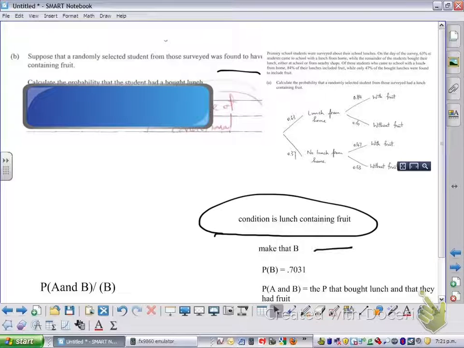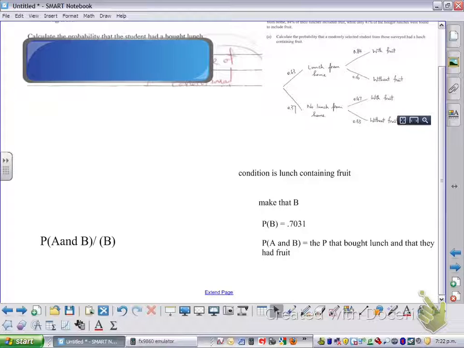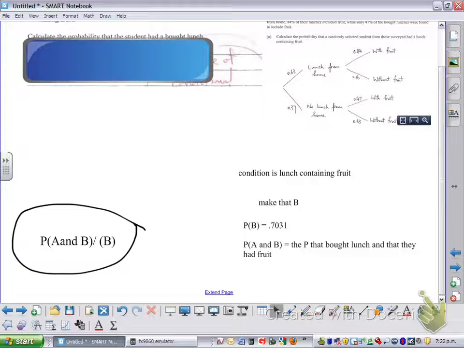So we'll make that B. Okay, and the probability of B we've already calculated in the previous question, which was 0.7031. We've already done that. And so the conditional part of the probability is that, if we move this thing over a bit, with conditional probability, the formula is this right here, probability of A and B over the probability of B. B is your condition.